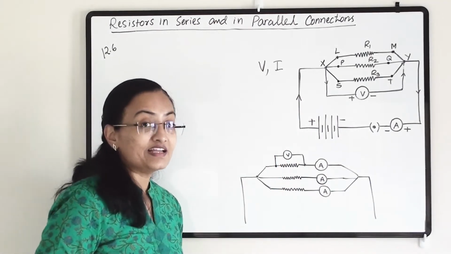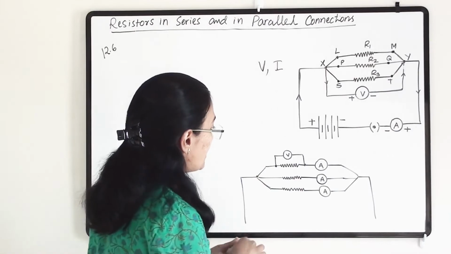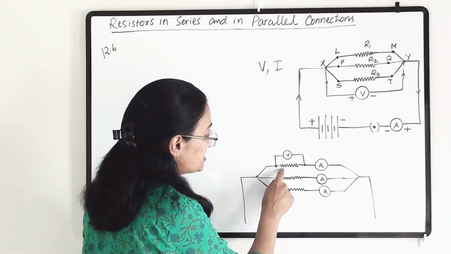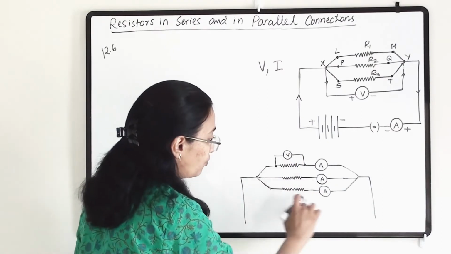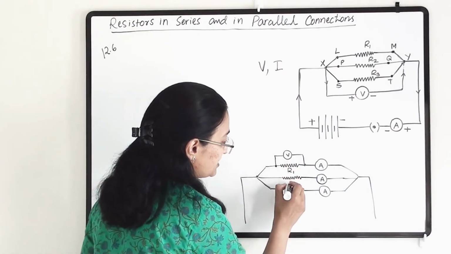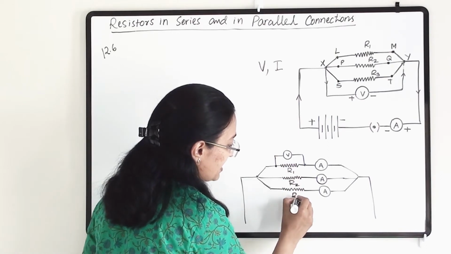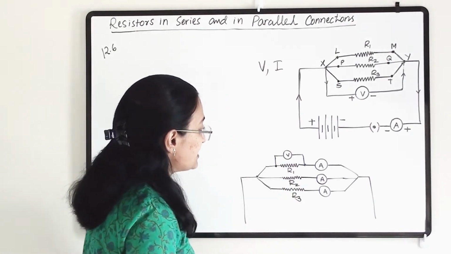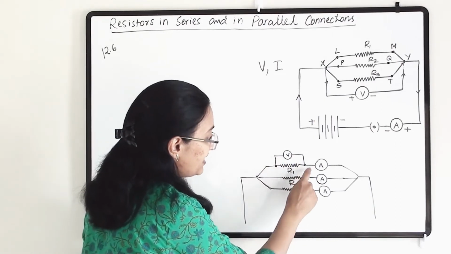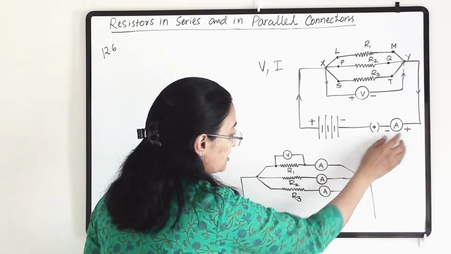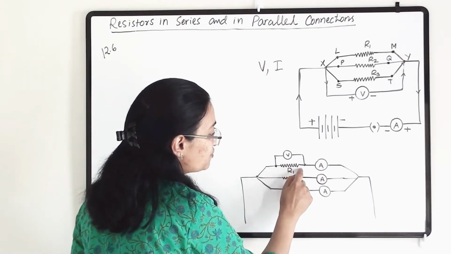Now in the second step, we are going to connect the voltmeter in parallel to resistor 1 and not to the whole unit. So here R1 is there, R2 is there and R3 is there. We connect the voltmeter across R1, and we detach the ammeter from here but connect it in series with R1.